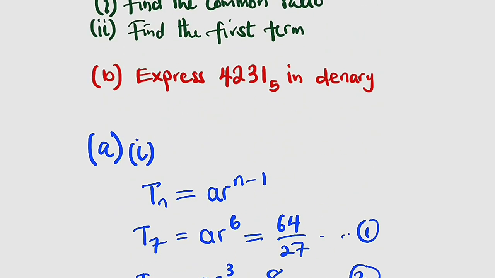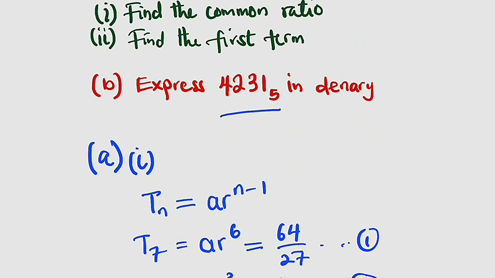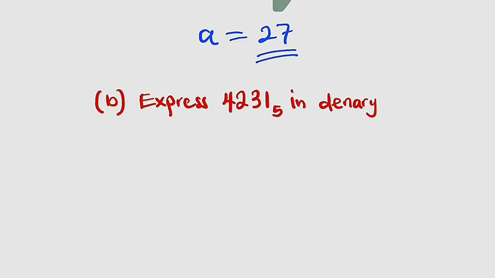Then the B part, we are asked to change this number into base 10. So let me just copy this question. We take the number 4231 in base 5, and we would like to convert it into base 10. Take the first digit, which is 4, and multiply by the base, which is 5.